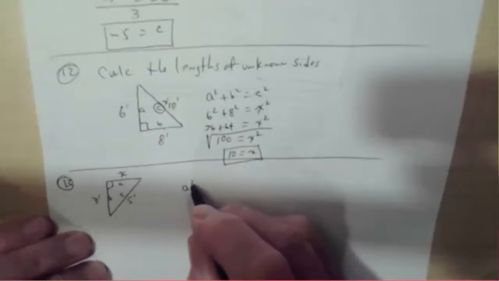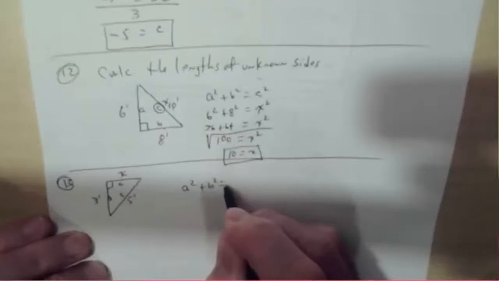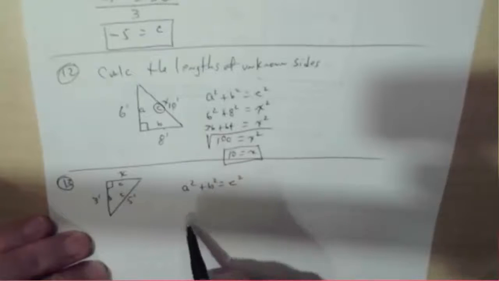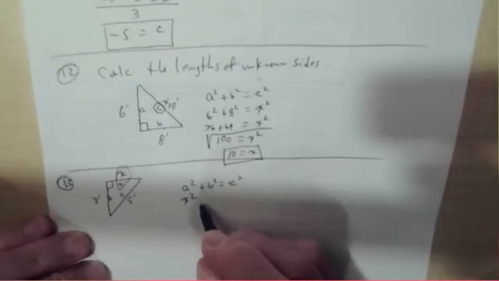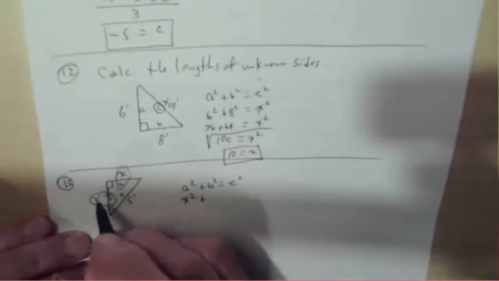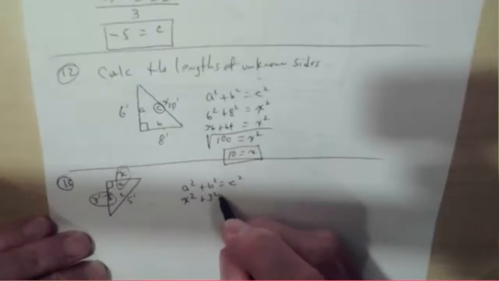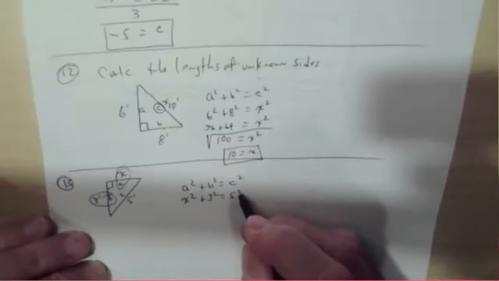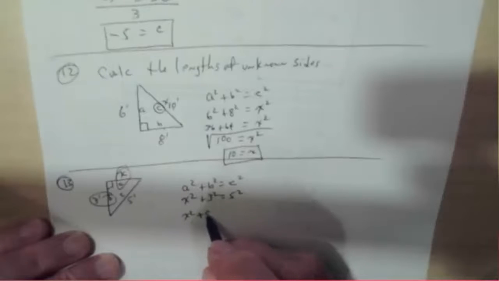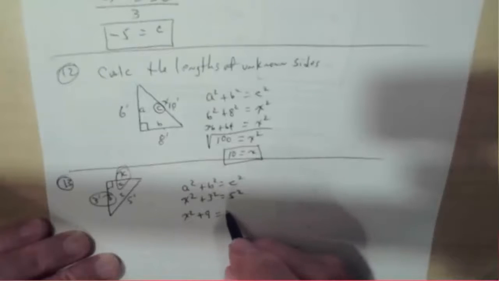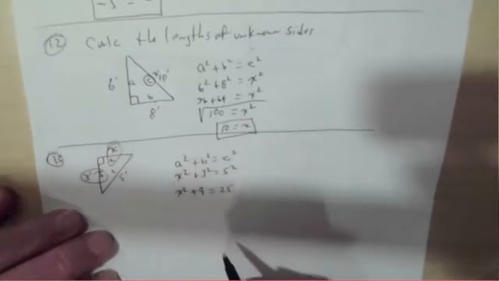So we have a squared plus b squared equals c squared. Our a is this one, so that's x squared plus b is 3. 3 squared equals 5 squared. So we have x squared plus 9 equals 25.